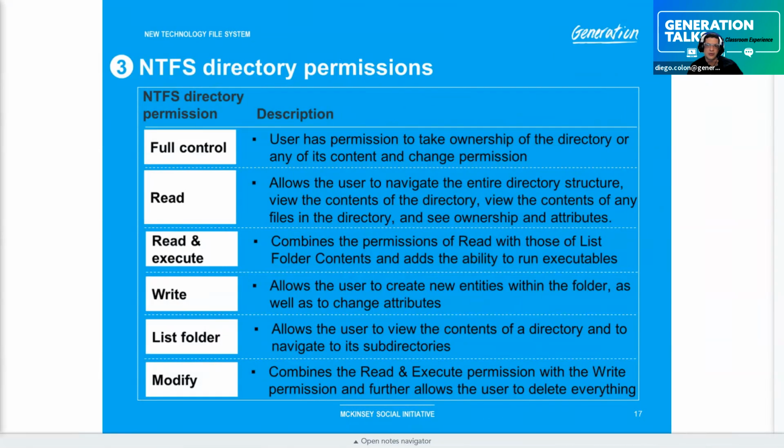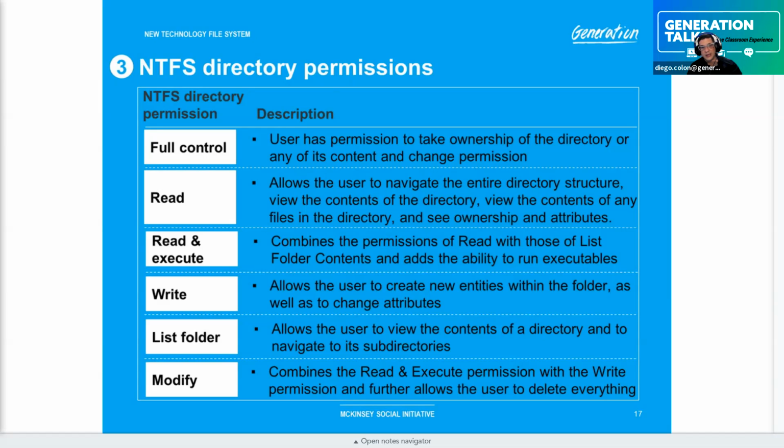Read would allow the user to navigate the entire directory structure, all of the subdirectories, list the contents and files in the directory, and see who the owner is and the attributes. Read and execute again is the same thing. You're able to list all the full content and it allows you to run executables.